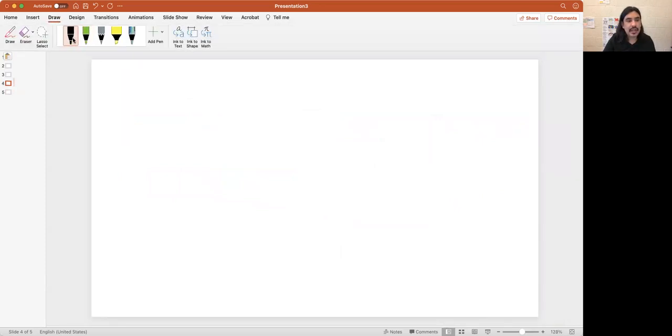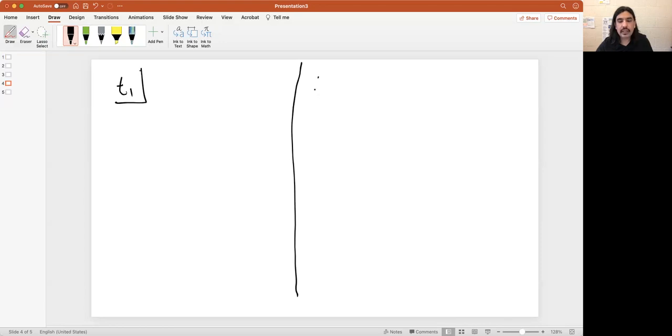So let's say that I had two objects. So this is at time 1. And this is at time 2. So my system is that I have a proton over here. And the proton is moving in some direction, moving fast.